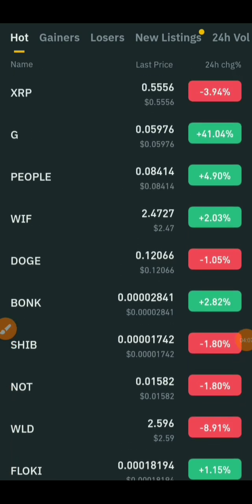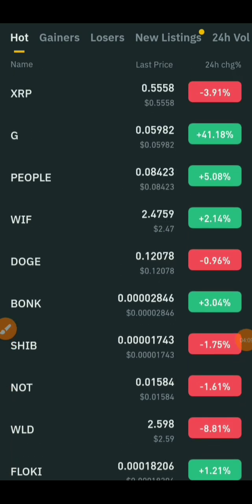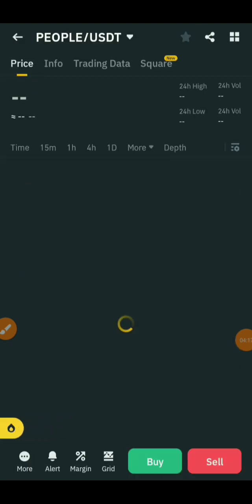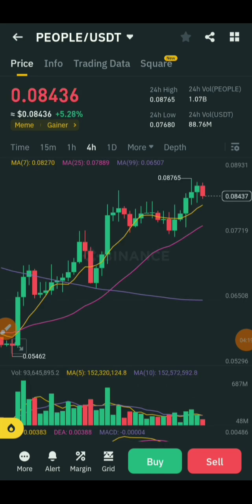In my case, for the sake of this video, let's go for People. But first of all, let's see the liquidity this crypto has. It has a liquidity of $88 million in the last 24 hours. It is pretty good. It's a token that is being traded with high liquidity.